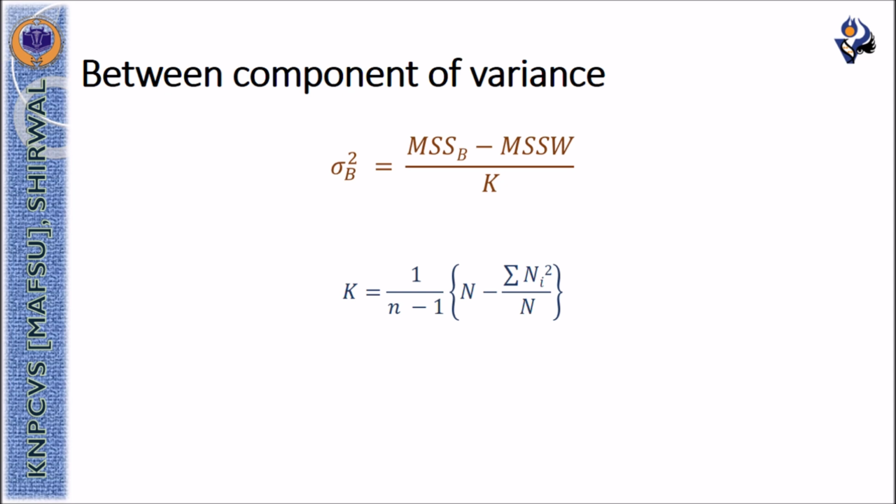The between component of variance can be estimated with the formula between the component of mean sum of squares minus within the component of mean sum of squares divided by k, where k can be calculated with the formula 1 upon small n minus 1 multiplied by capital N minus summation Ni square divided by capital N. K can be estimated using this formula if the number of progenies are unequal.